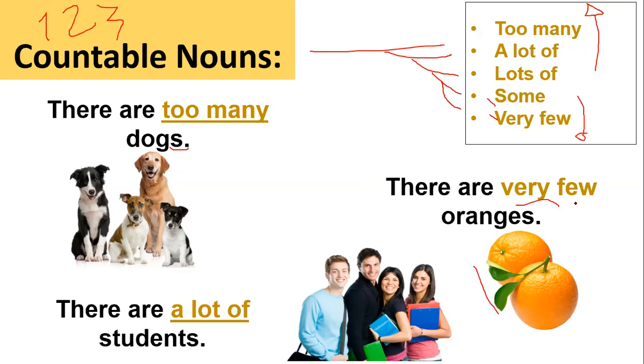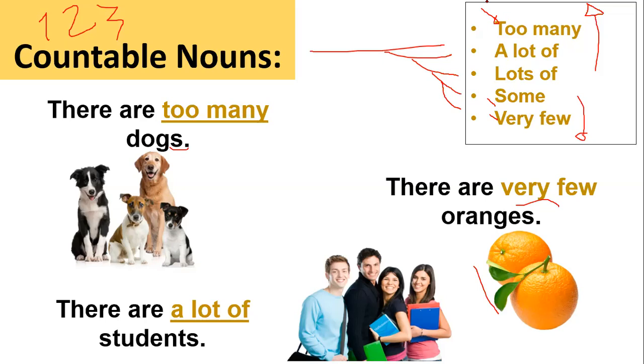Okay? So for example, I want you to tell me one example using too many. Who wants to give me one example using too many? There are too many horses. Okay, horses. In this case, remember that the word has to be in plural. So there are too many horses. All right, very good, Ileana.